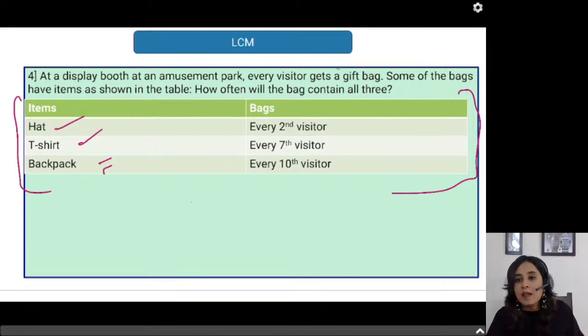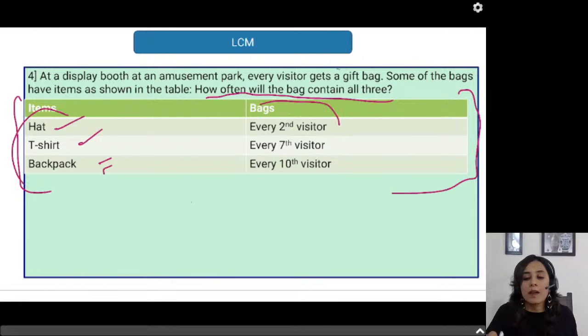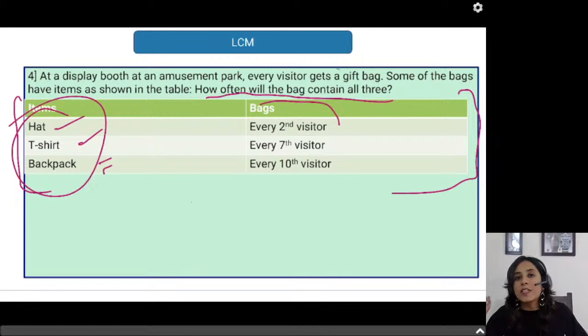So you all have to answer how often will the bag contain all three. Which number of the visitor is going to get all these three items? Which is that lucky visitor who is going to get a hat, a t-shirt, and a backpack?